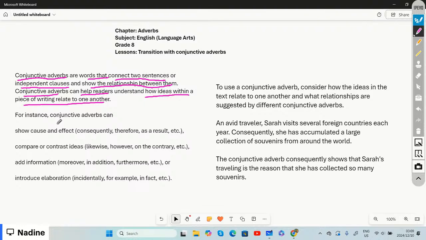All right. So when it comes to certain wording under the conjunctive adverbs, we said conjunctive adverbs can either show cause and effect.